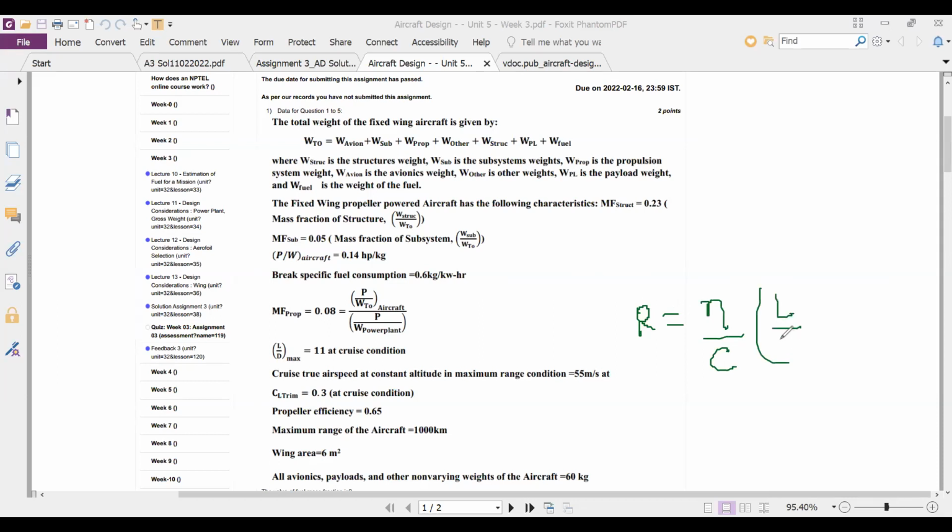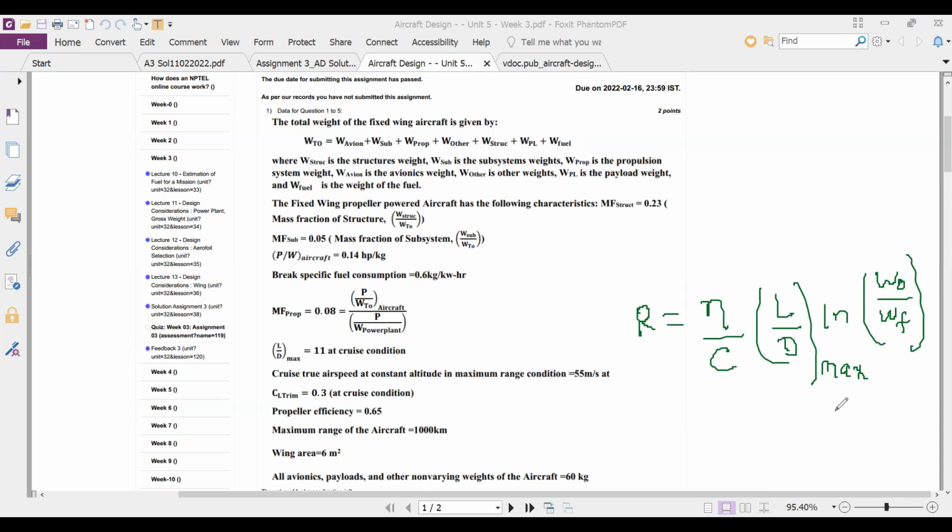So we don't need the drag polar, right? So we can put that in the Breguet equation which you are writing. Exactly. You got it right. All right. So this is the equation. And what are the unknowns in this equation? Sir, W naught by WF, sir.